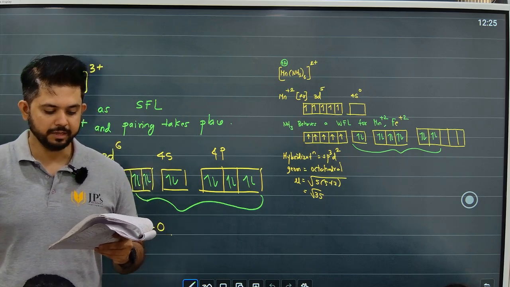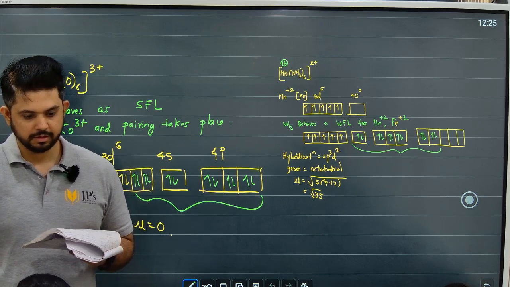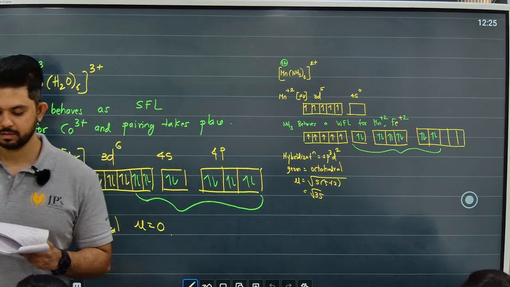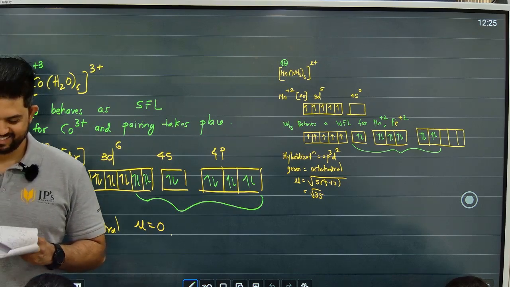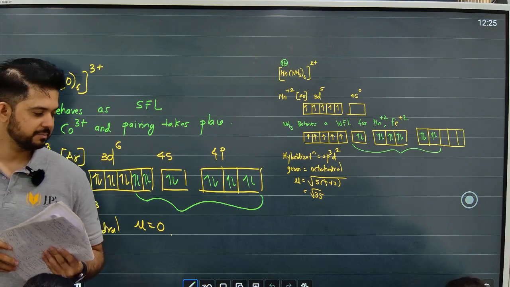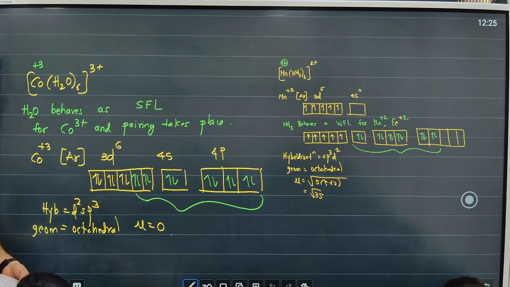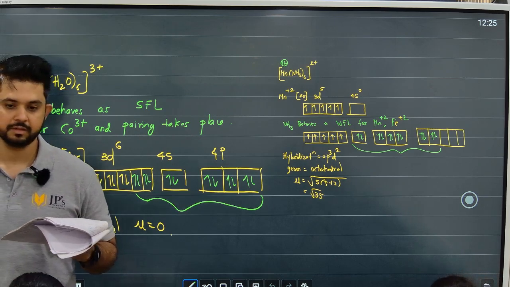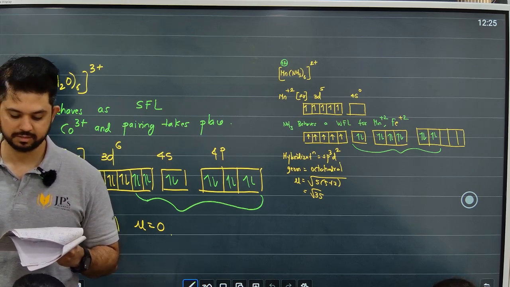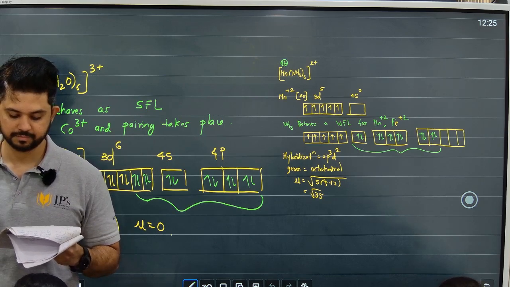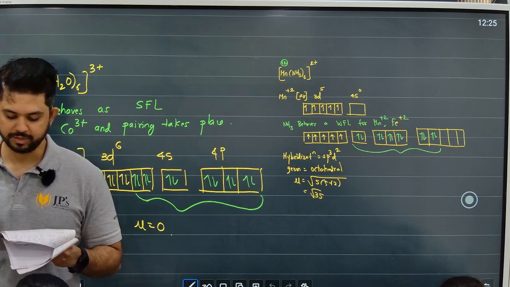It couldn't explain why in many cases extra pairing takes place. That is low spin complexes.